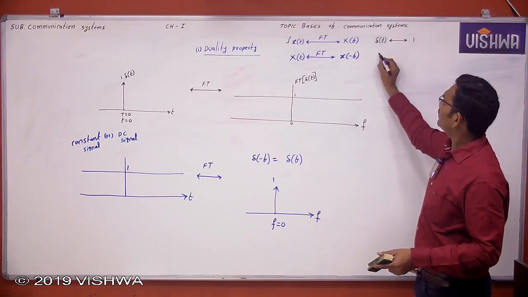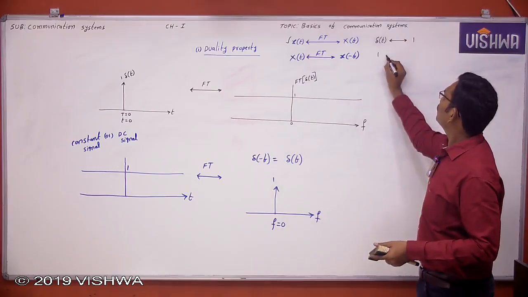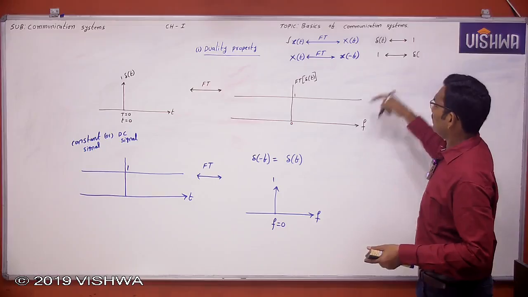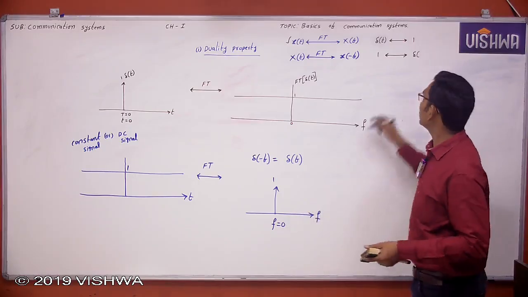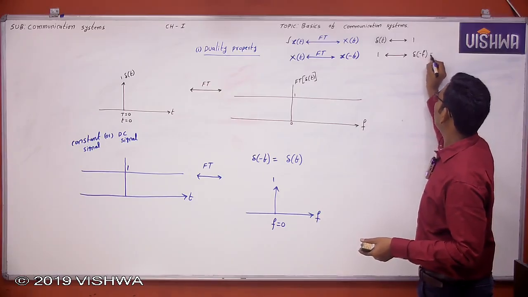Now in the duality, 1 is nothing but a spectrum of a DC signal, whose Fourier transform is delta of minus f, meaning an impulse function at f equals 0, delta of minus f, which is nothing but delta of f.